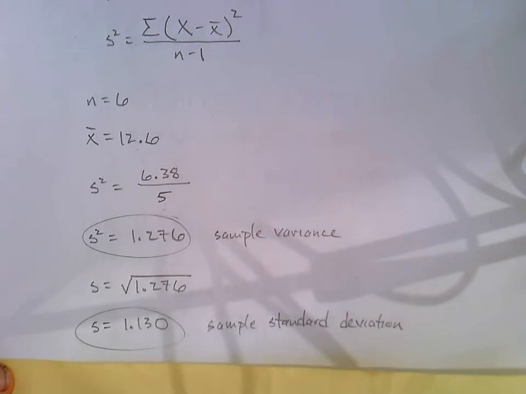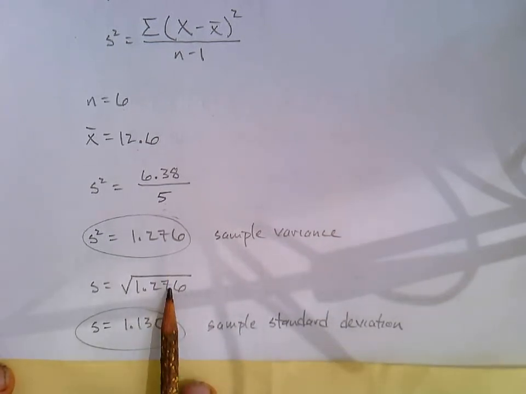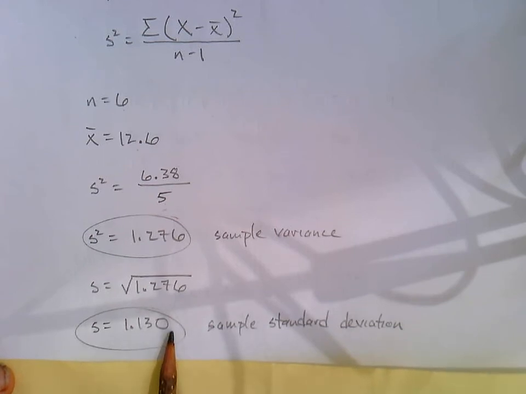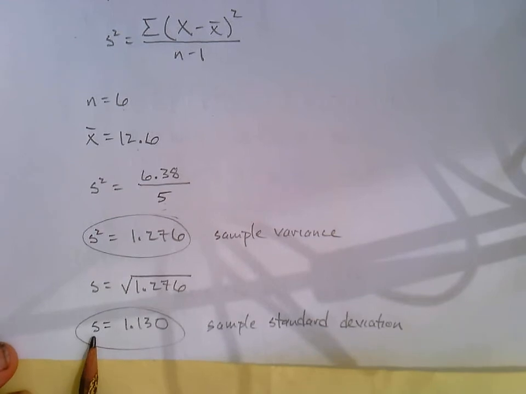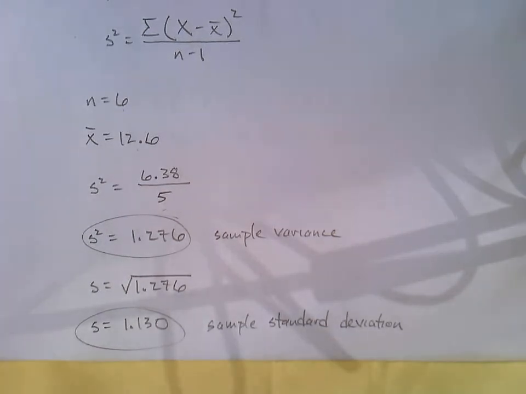And I apologize for the shadows here. Sample standard deviation, again, we take the square root, 1.130 when you round it. There's your sample standard deviation, which of course we just call s, lowercase.